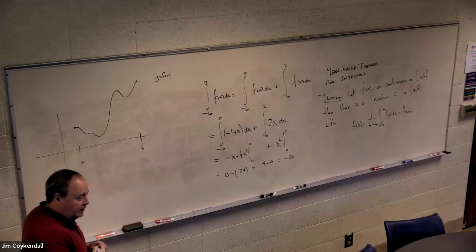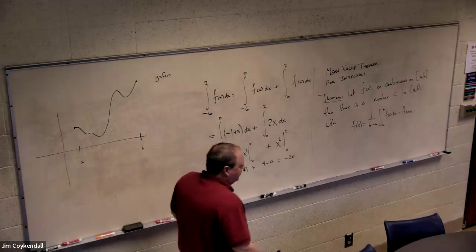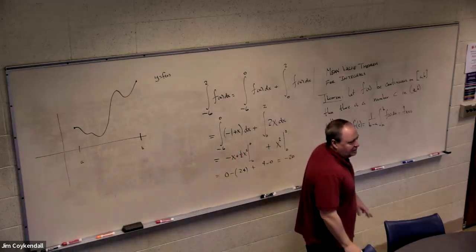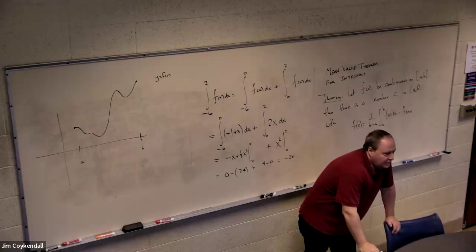If you have a function that is continuous on the closed interval, what's one of the biggest things we know?